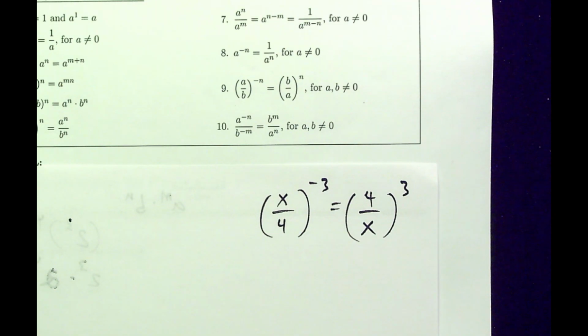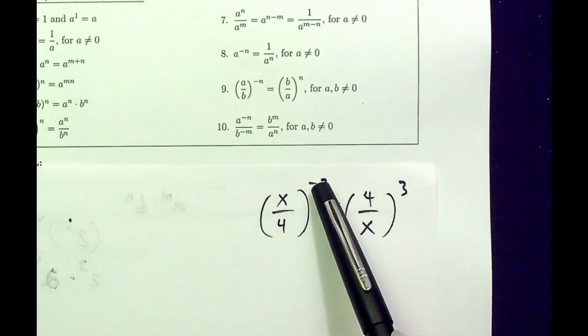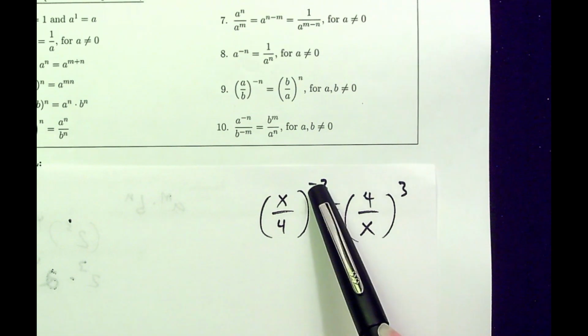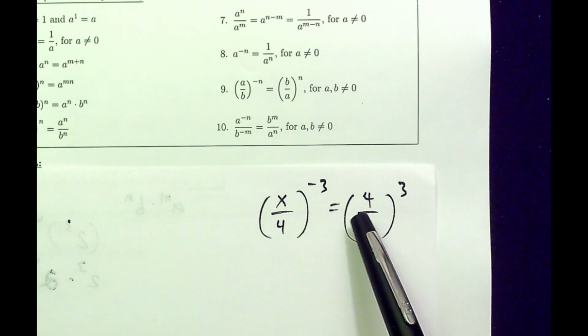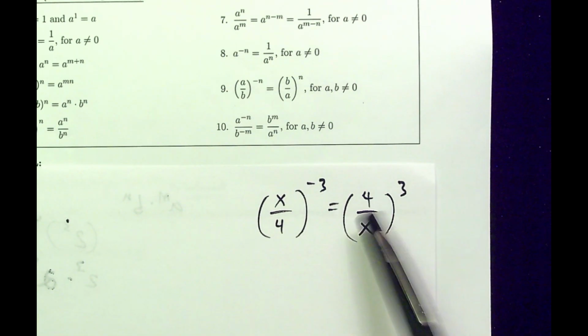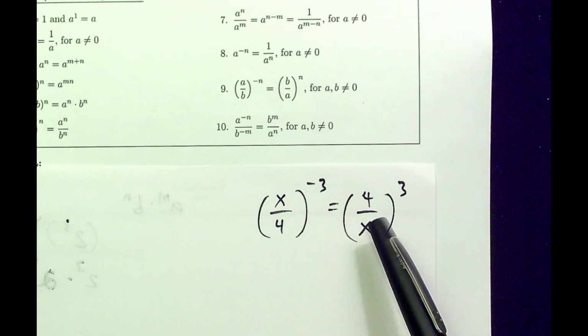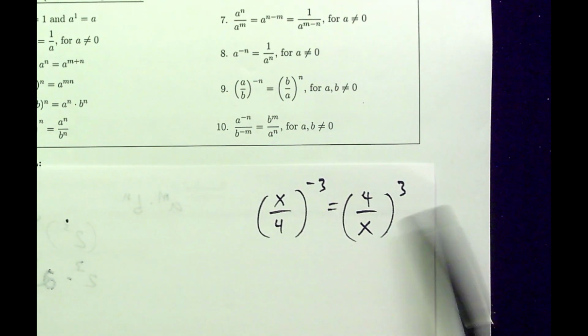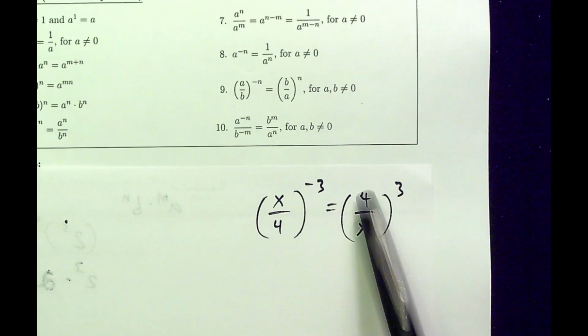So if you have a negative exponent affecting a fraction like that, you can flip and keep the exponent but positive. Okay, so basically the negative part of that exponent tells you flip. If you apply that negative part, you flip, and now you already did the negative, so the negative goes away because you just applied it. You did it, so you don't need it anymore. So negative exponent means you flip.